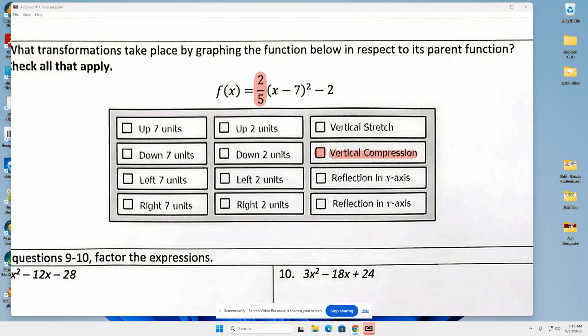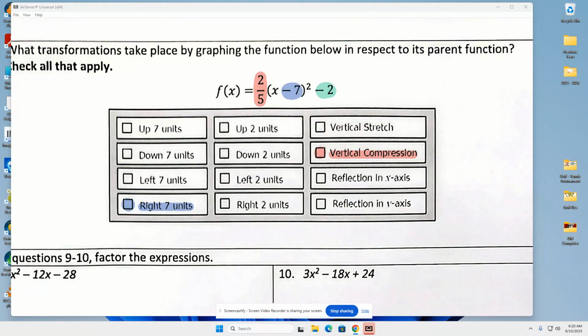All right, next, we've got -7 inside. So that's horizontal shift. And remember, horizontal shift is the opposite of what it looks. So that looks like a -7. It's actually a +7 horizontal shift. Well, a +7 horizontal shift means right 7. And then lastly, we've got this -2 that's outside.